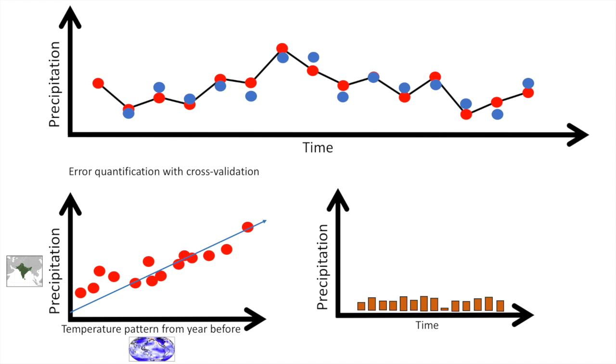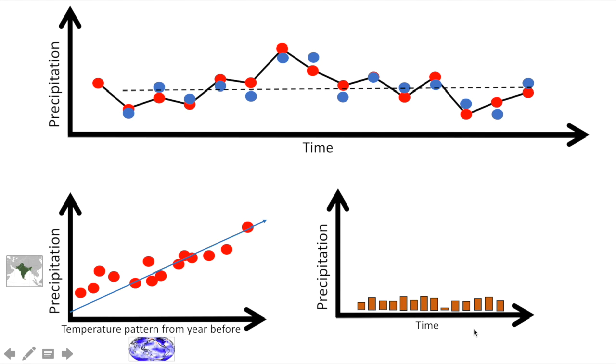And so one benchmark, one means of quantifying how well this forecast method is doing, is to compare it to just the climatology of the given time series. And the climatology just means the average over the entire time period. So that would mean that instead of guessing what the next year's precipitation will be based on this statistical relationship, we guess what the next year's precipitation will be by simply guessing the mean for any given year.